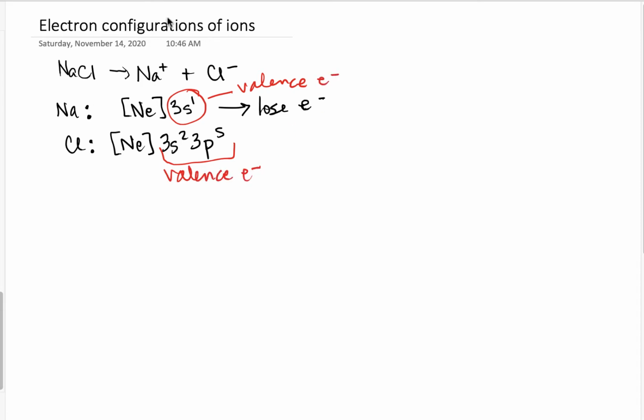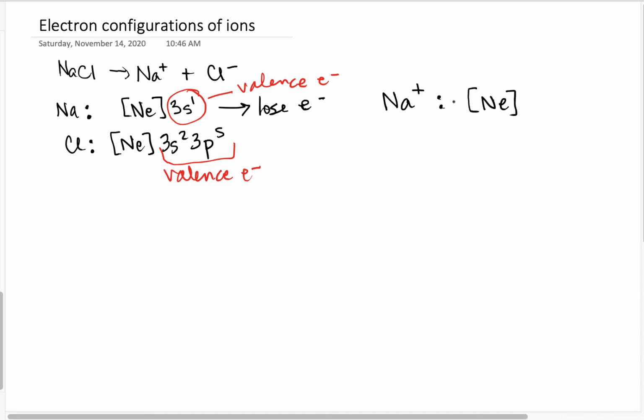And this is where we add or where we remove electrons. So if sodium loses an electron, it's going to lose this 3s1 electron. And so that means that the electron configuration for sodium plus is just going to be the same as the electron configuration for neon. This is a noble gas electron configuration.